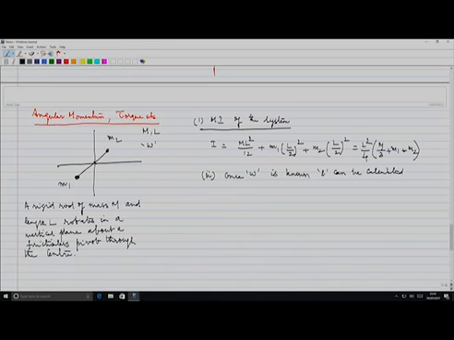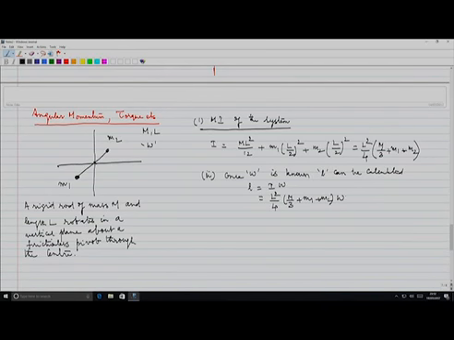Therefore, L is equal to I omega. We already calculated I, L squared by 4 into M by 3 plus little m1 plus little m2, that times omega.